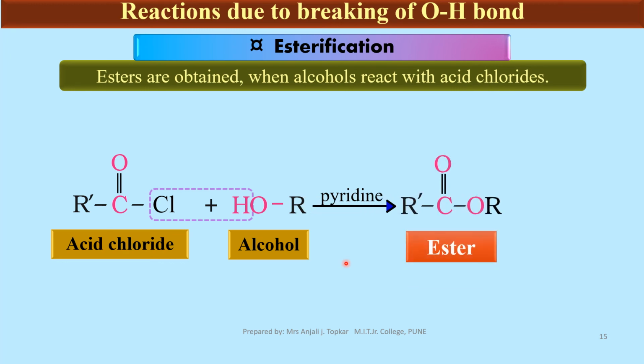As shown here, HCl is removed. Pyridine, which is acting as a base, neutralizes the HCl formed, and thus the reaction is a forward reaction.